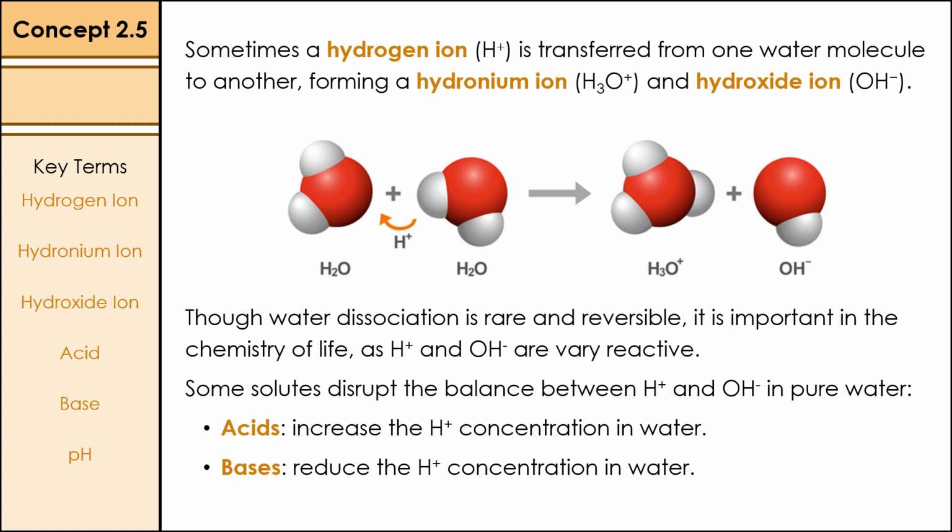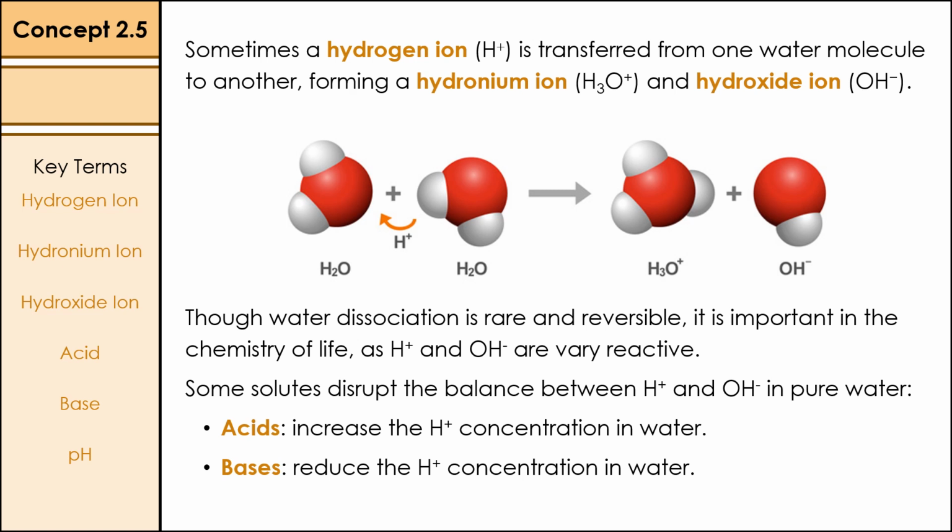So we have some specific solutes that can disrupt the balance that we have between our hydrogen ions and our hydroxide ions when we're dealing with pure water. And so these come in two varieties. We have acids, which increase the amount of hydrogen ions we have in the water, and bases, which reduce the concentration of hydrogen ions that we have in the water.